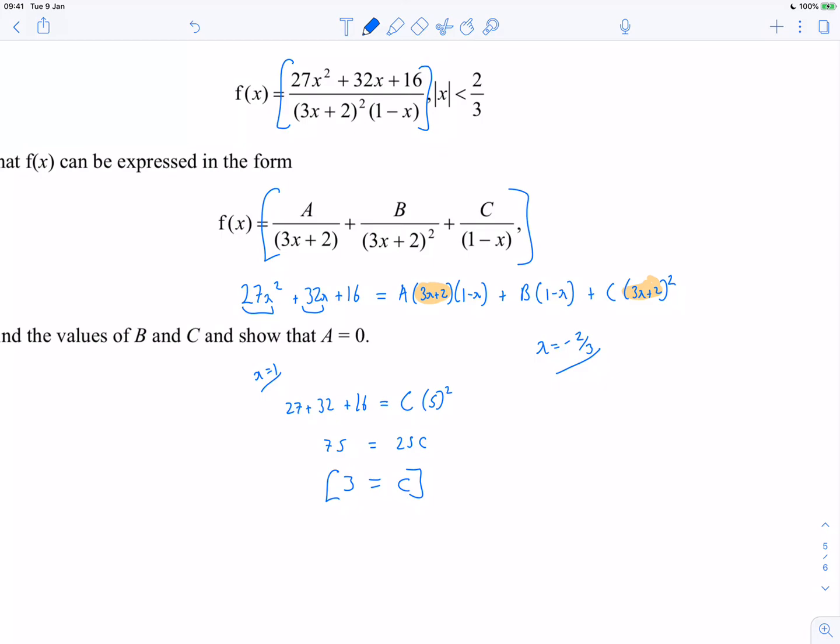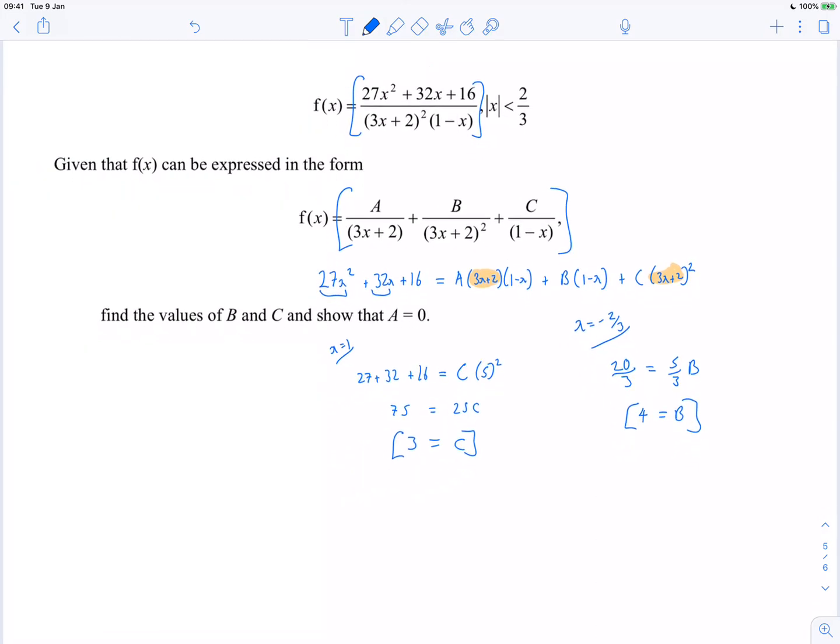I'm going to use my calculator here, I can't be bothered to type all that in. 27 times minus 2/3 squared, plus 32 brackets negative 2/3 plus 16. So the left-hand side becomes 20 over 3, and this will equal b times 1 minus 2/3, which is 1 plus 2/3, which is 5/3 of b, and it looks like b is just going to equal 4. Okay, so I've now got b and c.